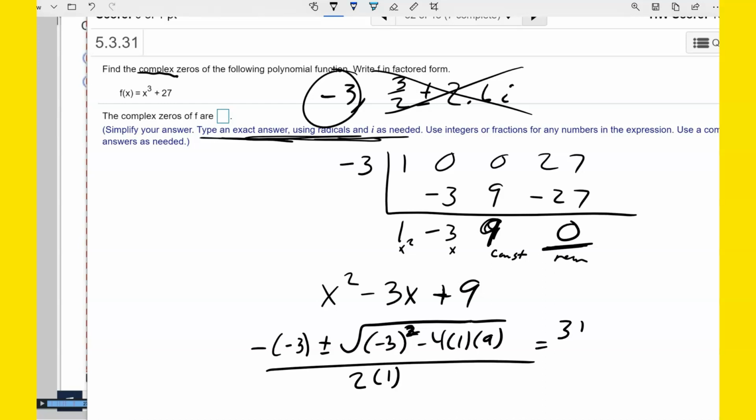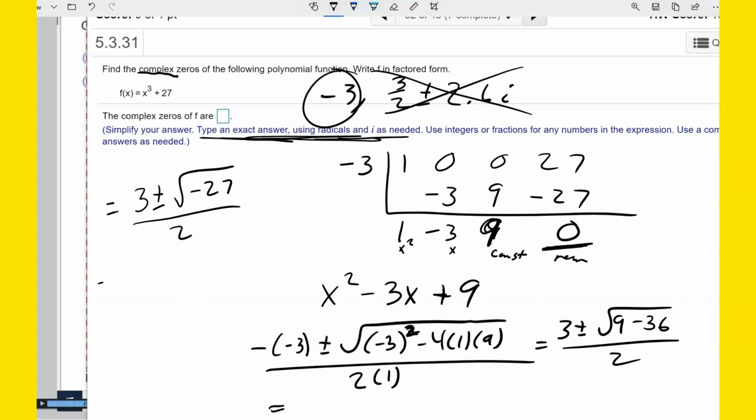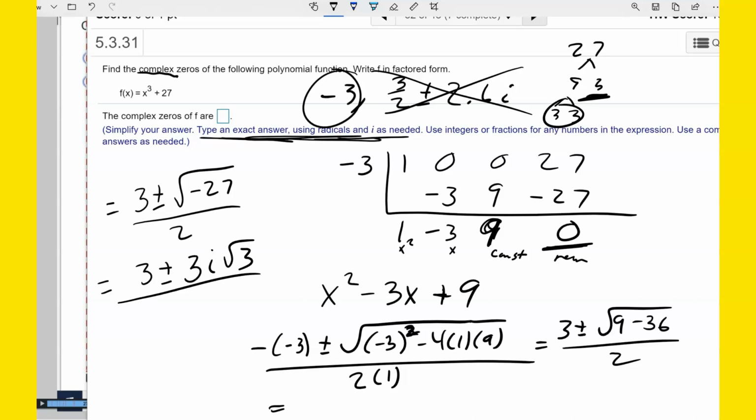That's going to be 3 plus or minus the square root of 9 minus 36 over 2, which is 3 plus or minus the square root of -27 over 2, which is 3 plus or minus, let's see, 27 breaks down to 9 times 3, 3 times 3, so I got a pair of 3's and an extra 3. So that's 3 plus or minus 3i square root 3 over 2.